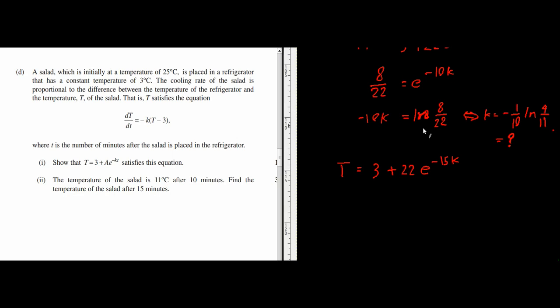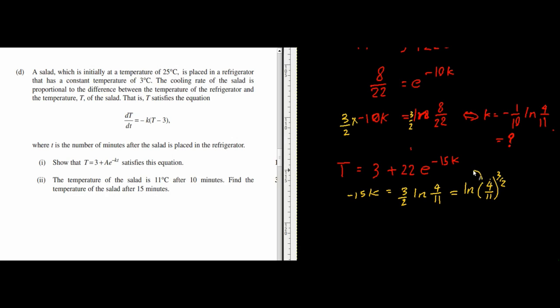The smart way that I was talking about was to realize that this minus 10k, if I multiply this part by 3 on 2, gives me minus 15k. Obviously I need to multiply this side by 3 on 2 as well. So minus 15k is actually equal to 3 on 2 ln 4 on 11, which is also the same as ln of (4 on 11) to the power of 3 on 2.